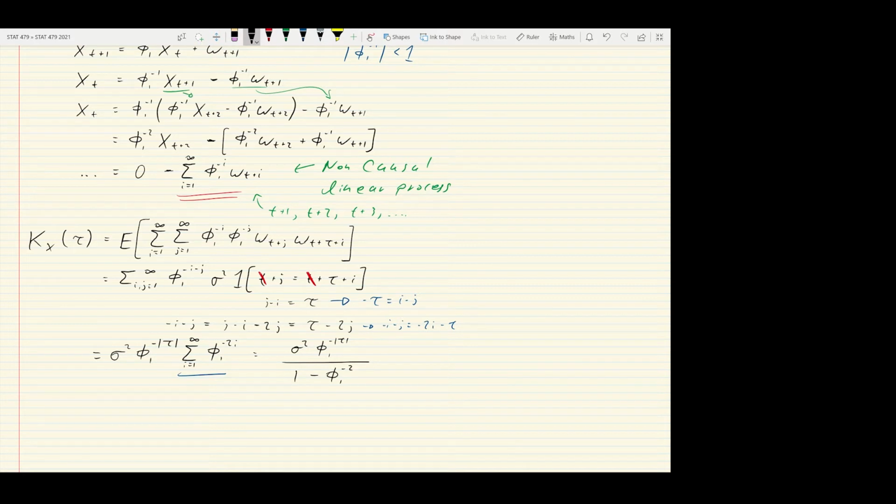So there's tons of negative exponents floating around. But remember, phi is greater than 1. So in this case, phi to the minus 1 is less than 1, and therefore our geometric series converges. But most importantly, the autocovariance tells us that this thing is stationary.